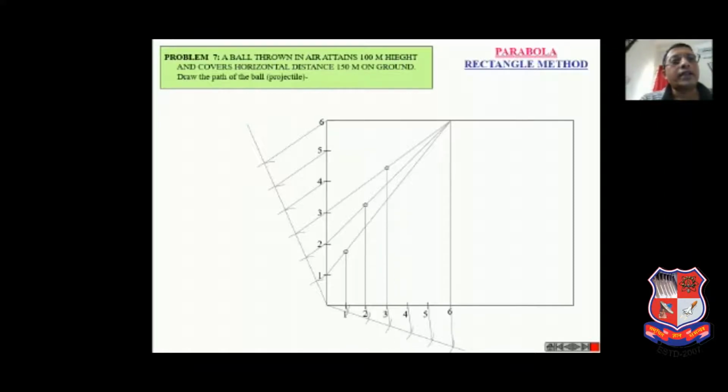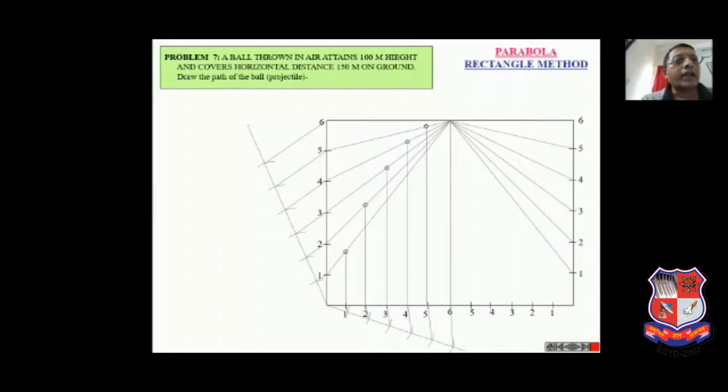Likewise we extend all these inclined lines and vertical lines. So these all are our points to draw a curve. Same procedure we will have to adopt on right hand side. First we divide vertical lines into 6 equal number of parts and horizontal line in 6 equal number of parts.